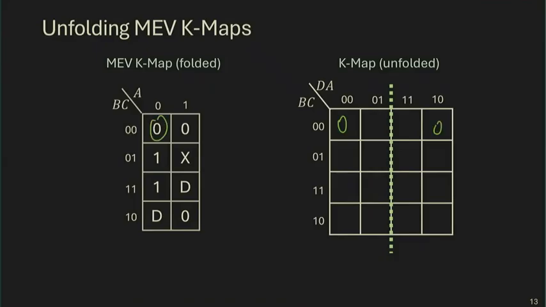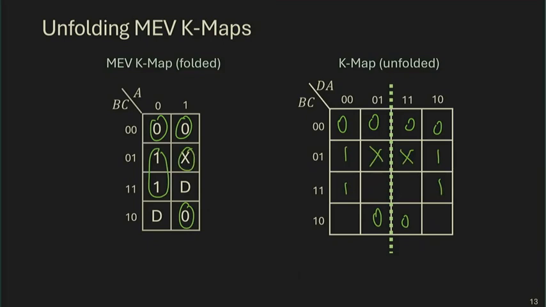Again, I think of this as a folded piece of paper, and when I unfold it, this 0 becomes the top left corner and top right corner. The next 0 becomes 0, 0. Essentially this bottom 0 becomes 0, 0. These 2 1s become 1, 1, 1, 1. And the X remains X.